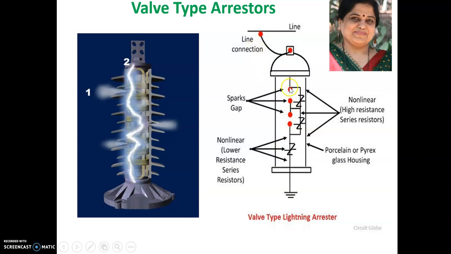But when you are connecting a gap, the drawbacks of a gap are many. The first drawback is that leakage current might be high, because you have to adjust the resistance of the gap according to the voltage at which it should trigger or fire, and that voltage may not remain constant for every operation, because day by day the gap will be deteriorating; the material and its characteristics will deteriorate, and therefore the characteristics of the gap will not remain fixed.